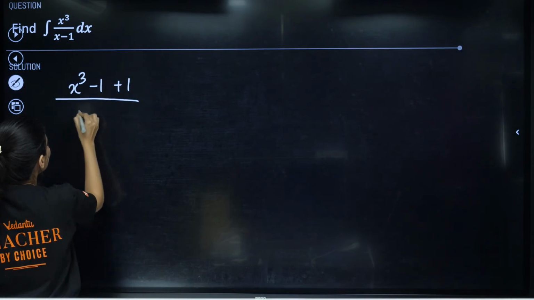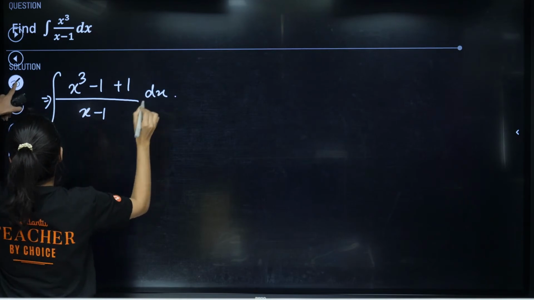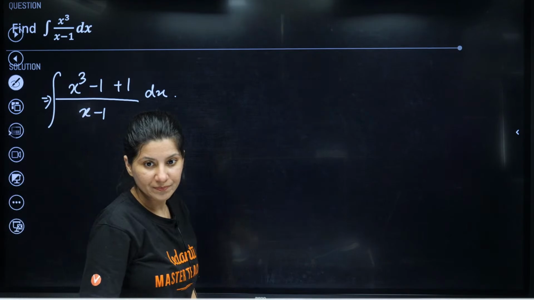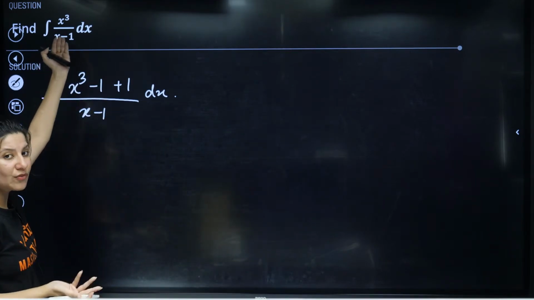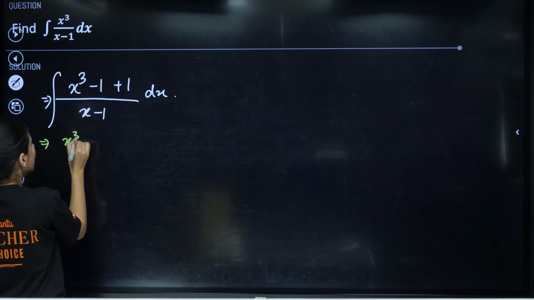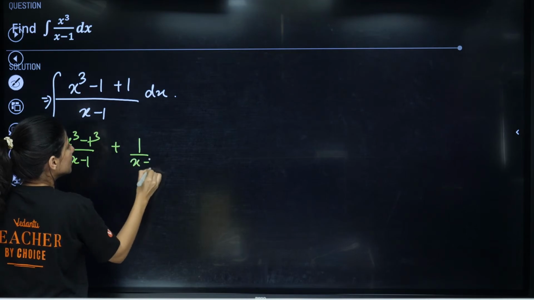Can I do that? Some manipulation skills will be required. Why am I trying to do that? Because otherwise I don't have any other option. In this state we cannot integrate, right? So now separate: x cube minus 1 together and 1 upon x minus 1 separate.